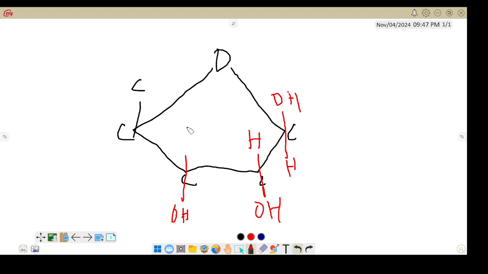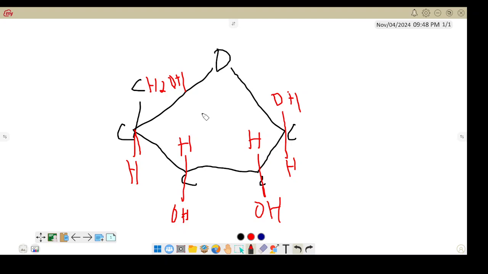So this is our ribose sugar. Here we're going to have H, and on this side you have something like this. That was tiresome.